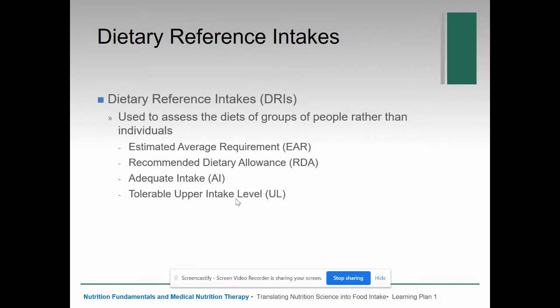Now I'm going to contrast that with the adequate intake. Adequate intake is almost the same as the RDA. The only exception is there isn't as much scientific evidence to back this recommendation up. In layman's terms, I like to say it's a scientist's best guess.